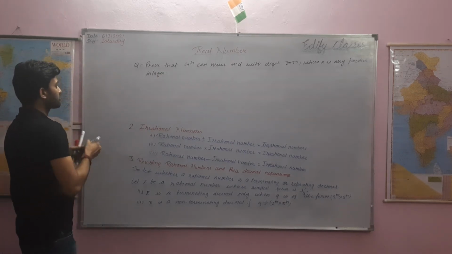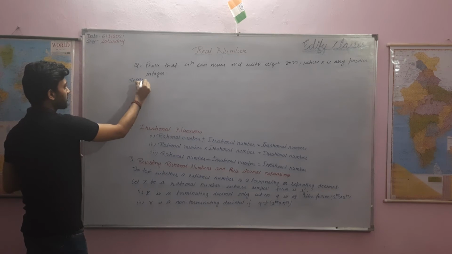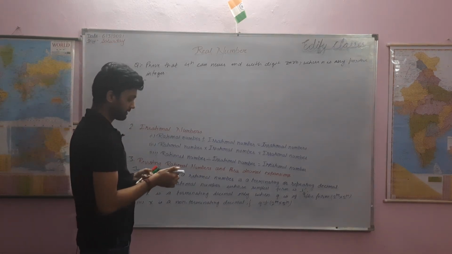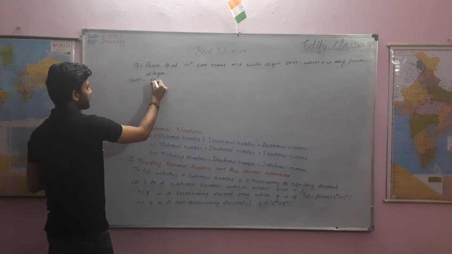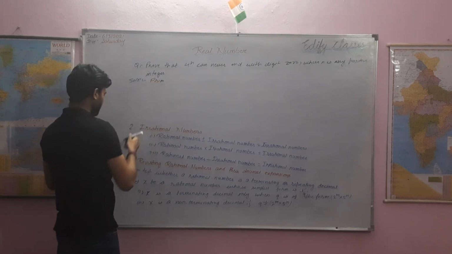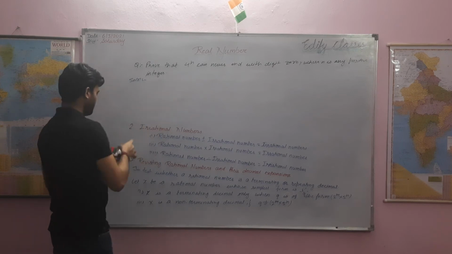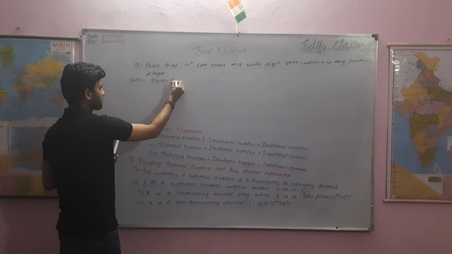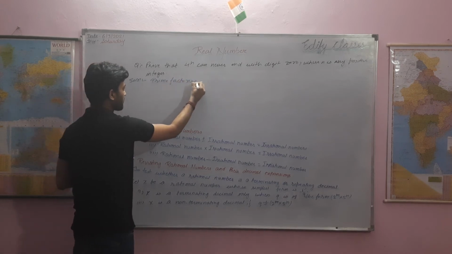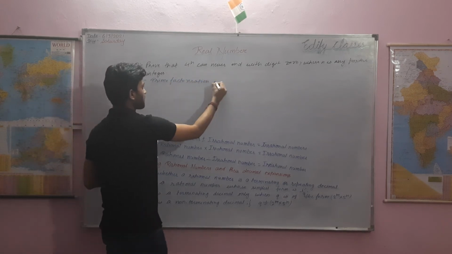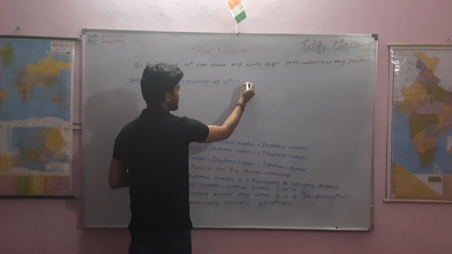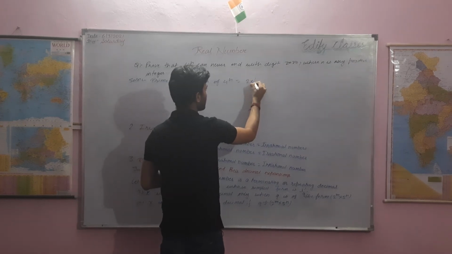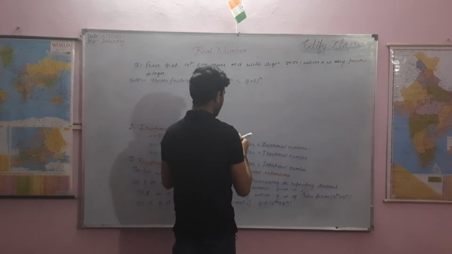In order to solve this question, we have to use the fundamental theorem of arithmetic. By using that theorem, we will prime factorize 4 to the power n. So the prime factorization of 4 to the power n will be 2 to the power 2 into 2 to the power n.